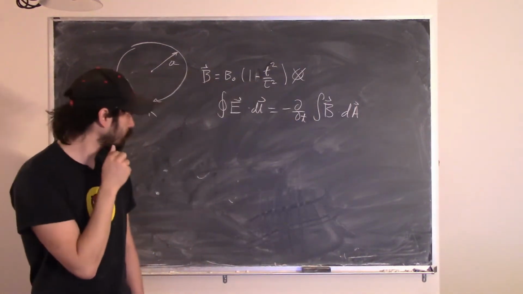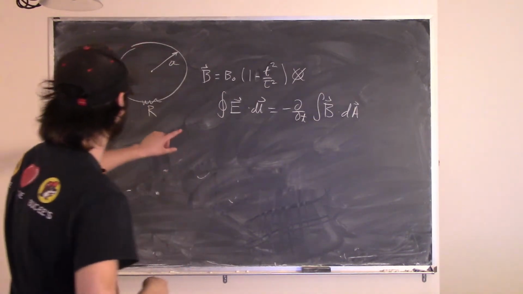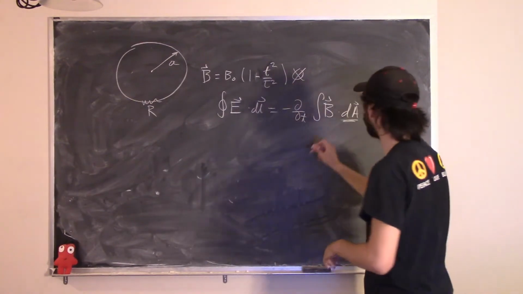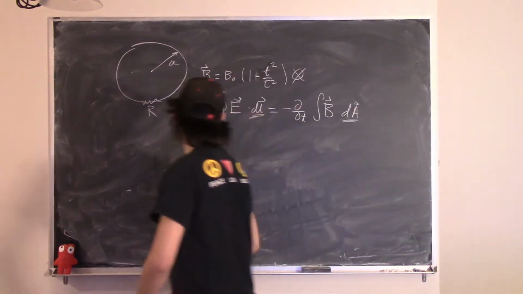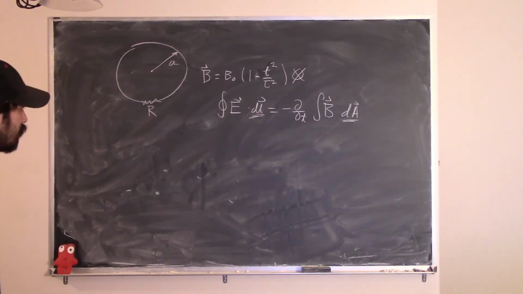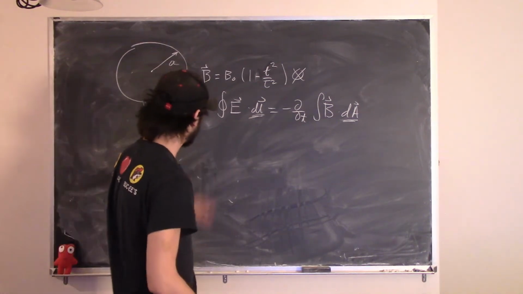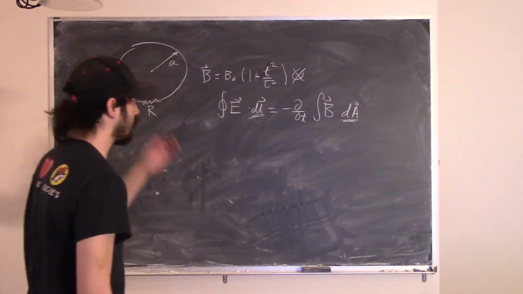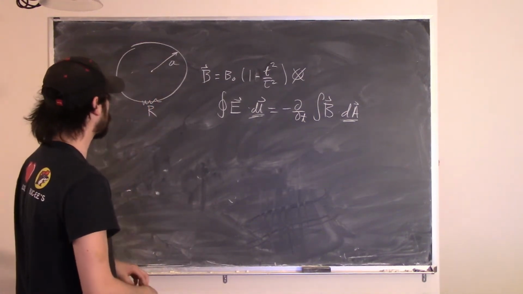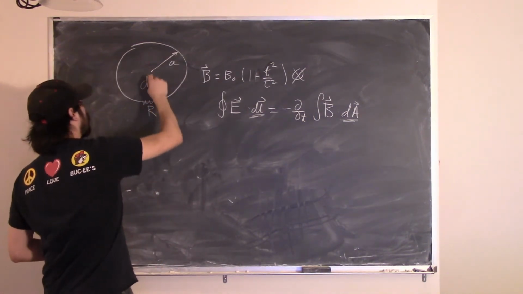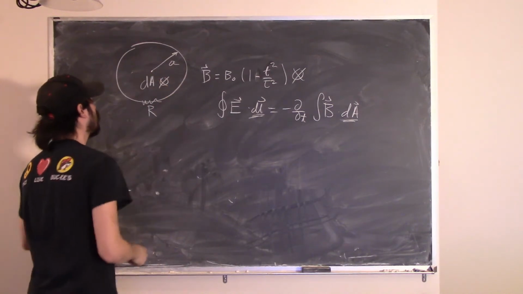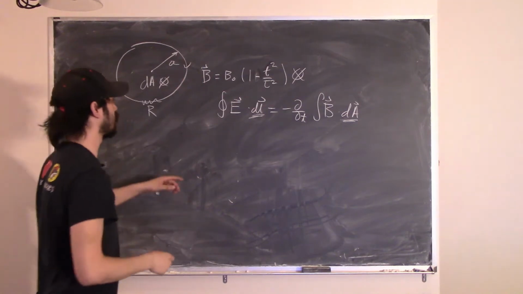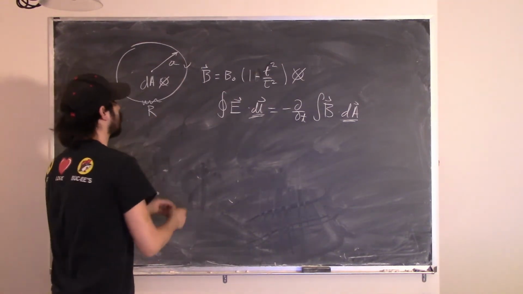Okay. So the next thing that we can do is choose what the direction of dA is, and by association the direction of dl. So as I said in class, I tend to like to choose this in such a way that my dA is going to point in the same direction as my B. Okay, so when I do that, that says that dA is going to be pointing in, which means I can find the direction that dl is going to go, and ultimately the direction I'm going to say the current is going to go, by using the right-hand rule.